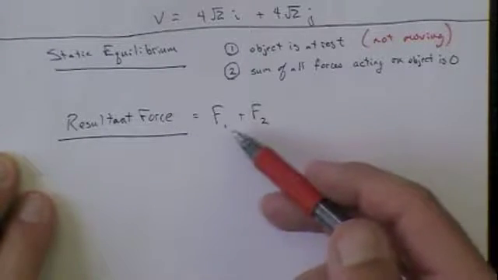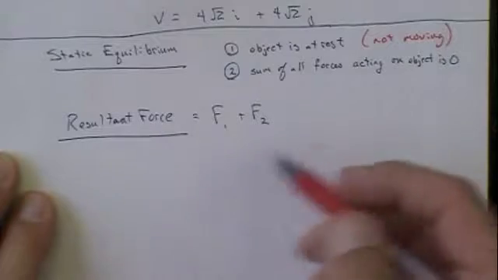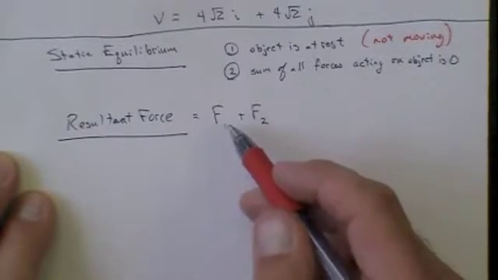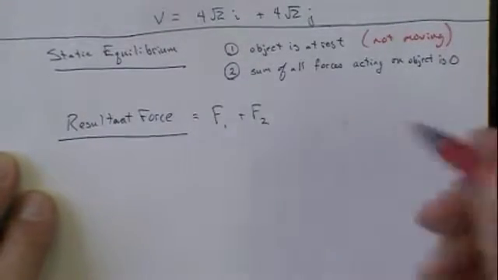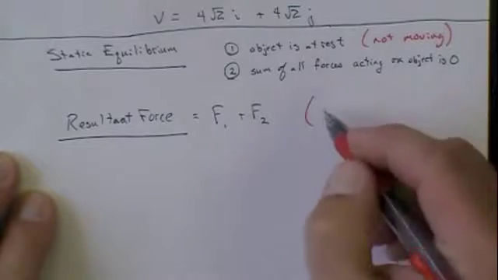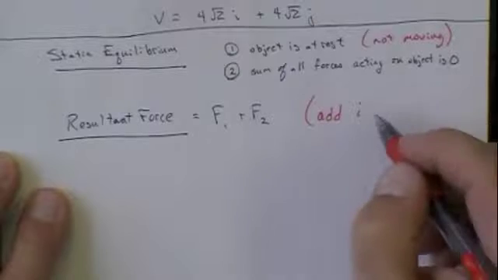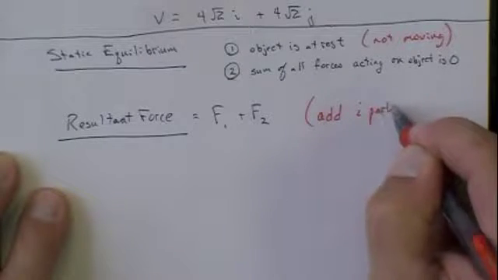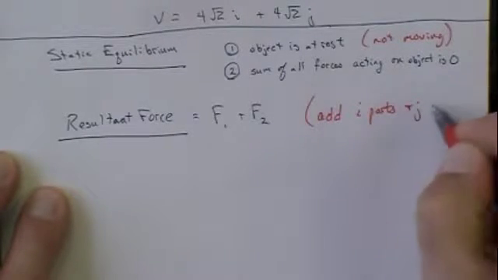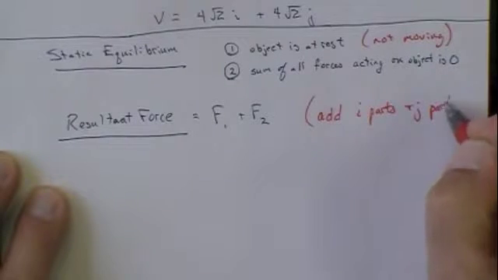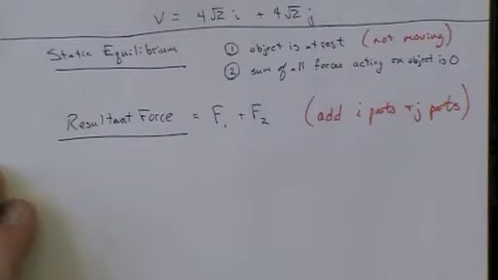We have one vector plus the other vector gives us a resulting vector, or force 1 plus force 2 gives us a resultant force. And when we're doing that, we would add our i components and our j components. And that would give us our resultant force.